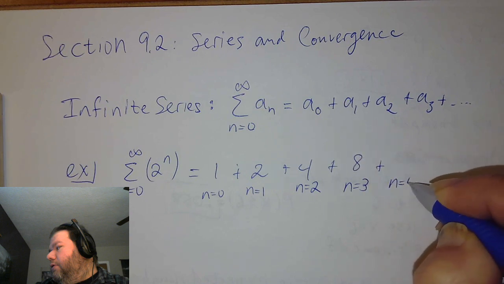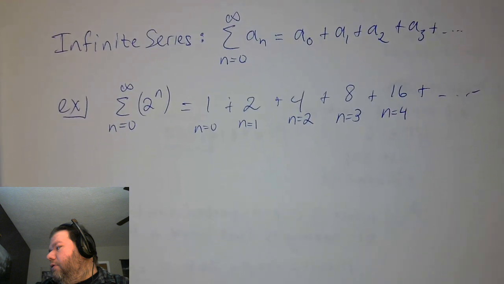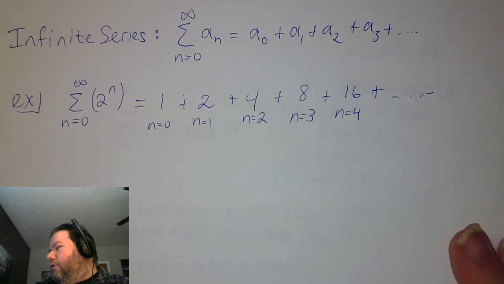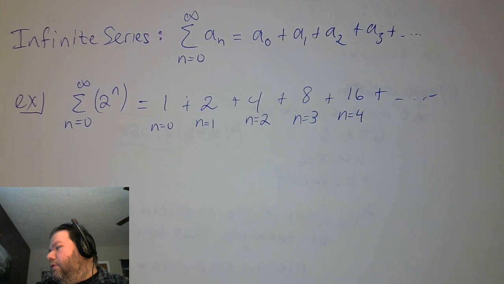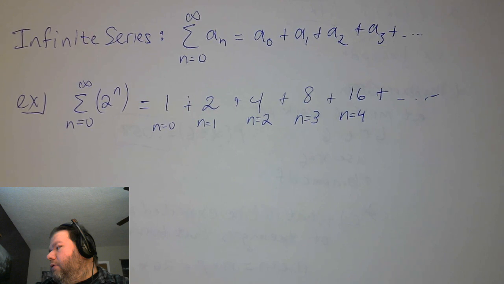N equals 4 would give us 16. And so on. So that eventually the numbers are getting larger and larger, and it looks like they'll continue to grow without stopping. So that's one example of an infinite series.